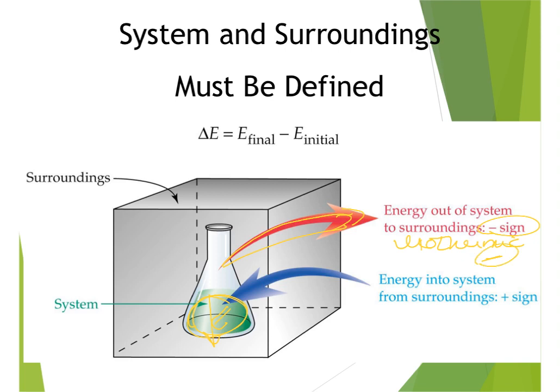Now, if the system itself is accepting more energy from the surroundings, that is an endothermic process. In any type of calculation, we give that a mathematical sign of positive because the energy of the system is increasing.